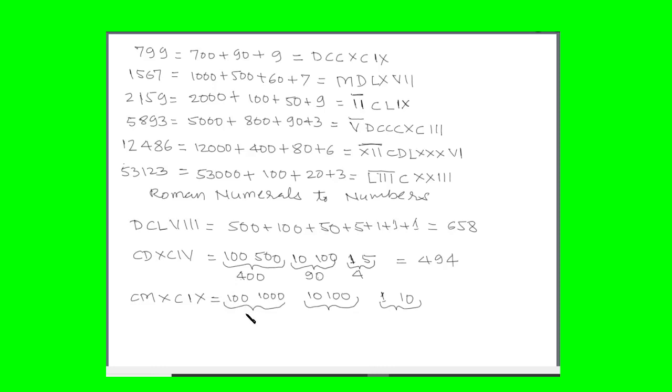This gives us 900. Then 10 is subtracted from 100. This gives us 90. And 1 is subtracted from 10. This gives us 9. So this is equal to 900 plus 90 plus 9, which is 999.